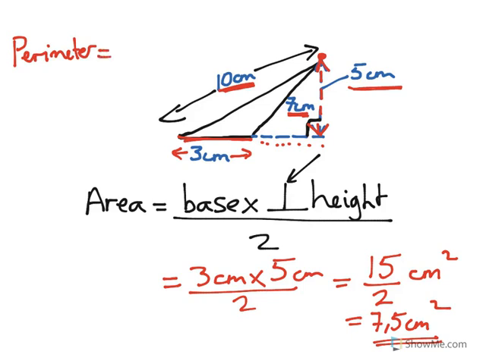You need the base, 3 centimeters, plus side number 1, 7 centimeters, plus the last side, 10 centimeters. So the perimeter of this triangle would be 20 centimeters, 3 plus 7 plus 10. And that's what you need the length of the sides for, not for the calculation with area. There you need the perpendicular height.